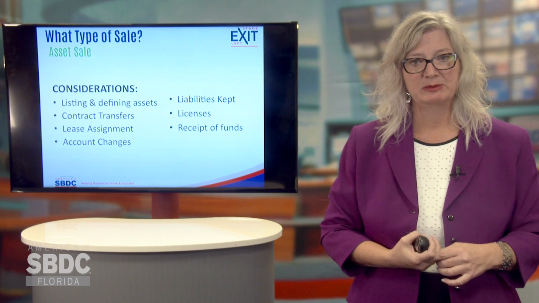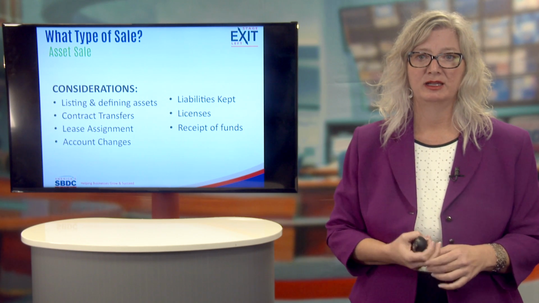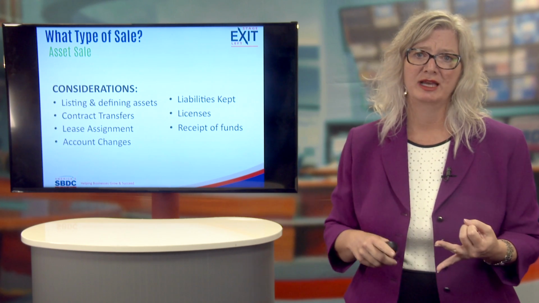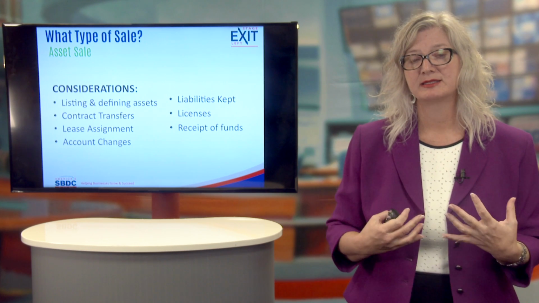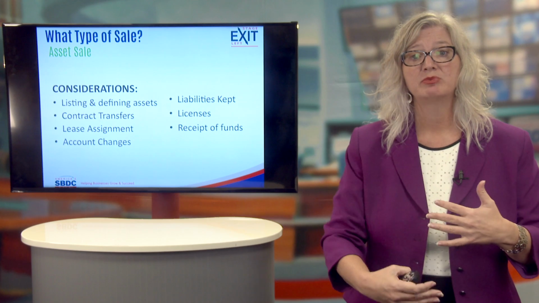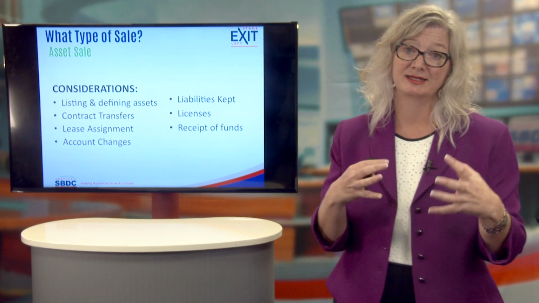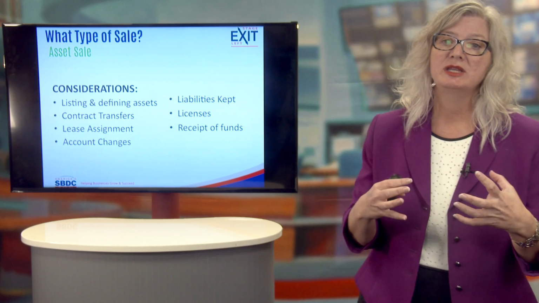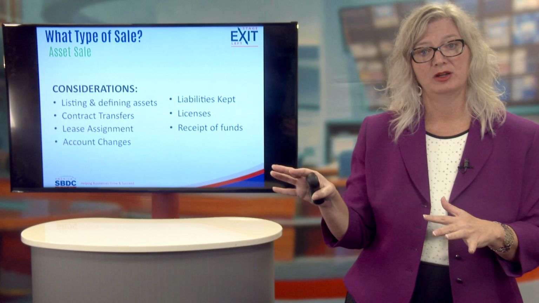Another consideration, especially if you are a service provider, if you've got a liquor license, if you've got a professional license, any type of licensing for the business that you've had to go through a regulatory process, application, and that license comes to you and is specific to this Seller Inc., you need to make sure that those licenses can be transferred to the buyer.